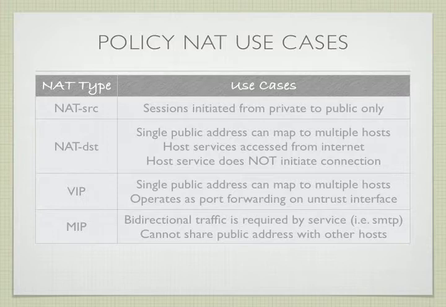So if you need to share the IP among multiple servers and you're doing outbound has to go to a particular IP, you can create the outbound policies that change the source and inbound policies that change the destination and achieve the same functionality and share the IP address using policy-based source and destination NAT.